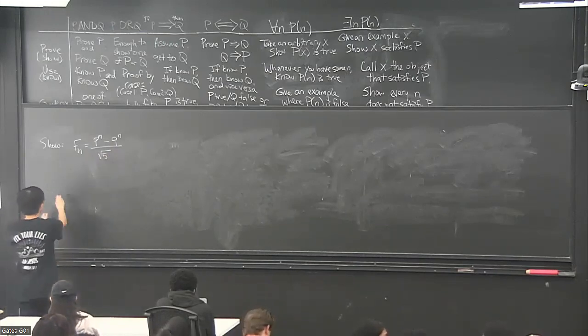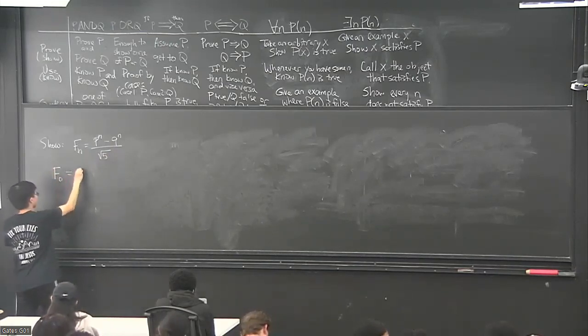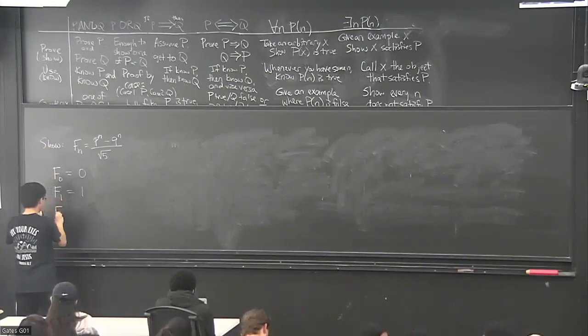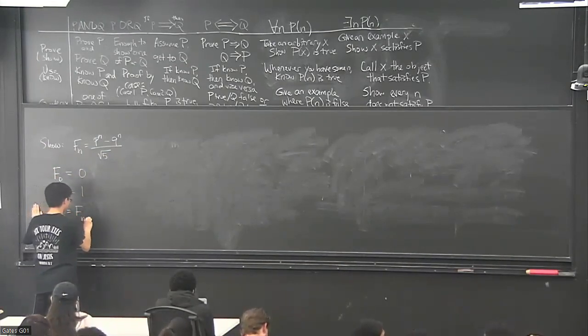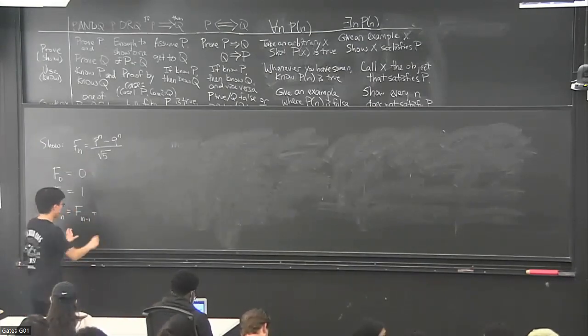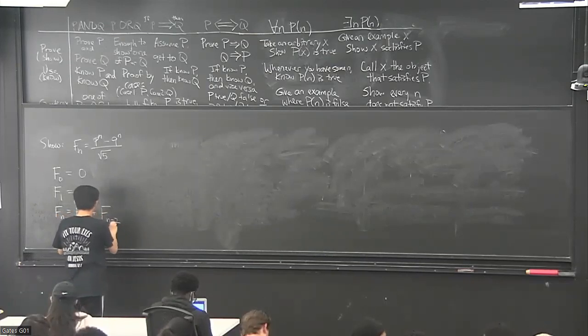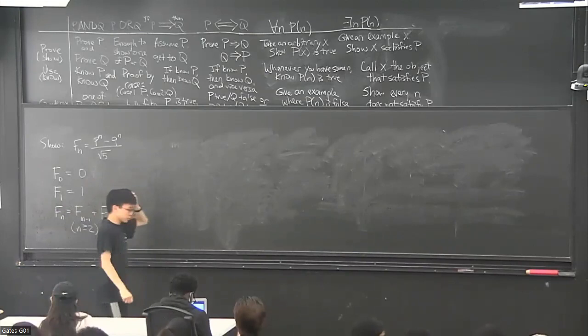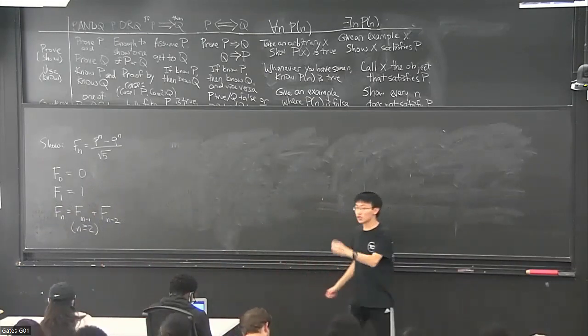And we know the Fibonacci sequence is: f0, the zeroth element, is 0; f1, the first element, is 1; and fn equals fn minus 1 plus fn minus 2, where n is greater than or equal to 2.